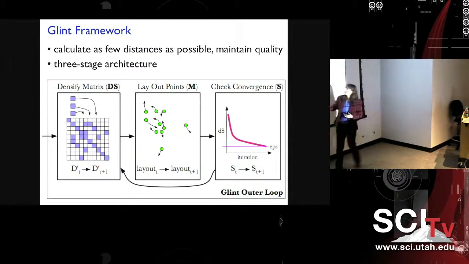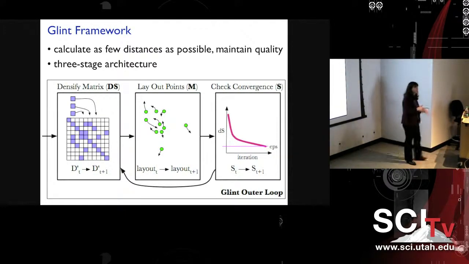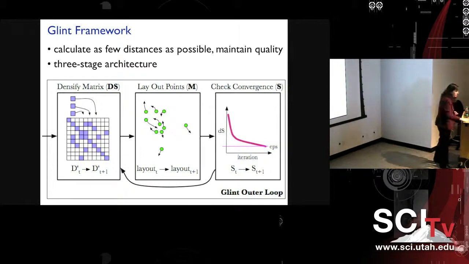So we're trying to minimize the number of distance calculations and possibly do a little more work than we had to by repeatedly laying things out, because we're assuming that the distances are much more expensive than layout computations, which is kind of the inverse of the traditional problem.